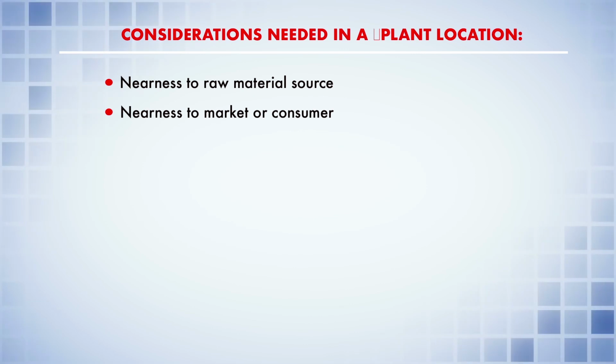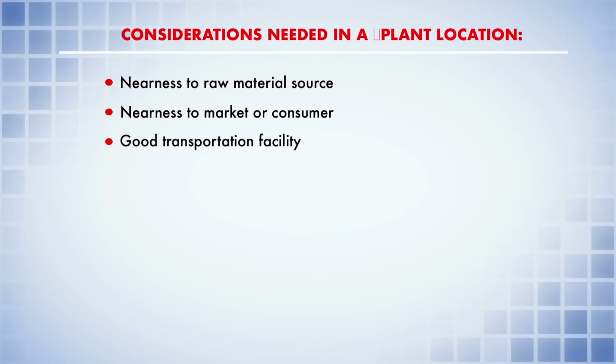Similarly, banks, hospitals and hotels also try to remain near the consumer. Good transportation facility is very important for any facility, because inputs are to be brought through inbound logistics and output is to be transported through outbound logistics.